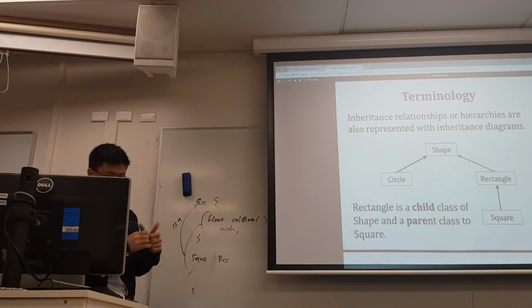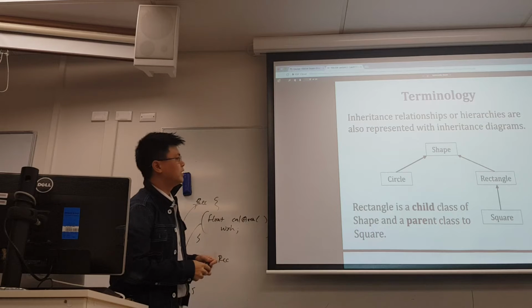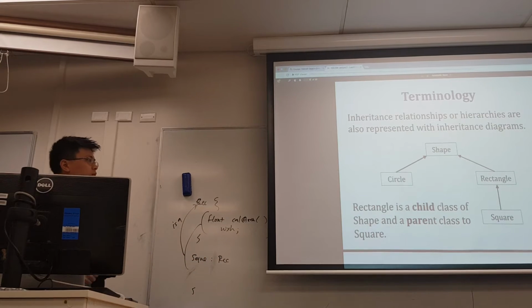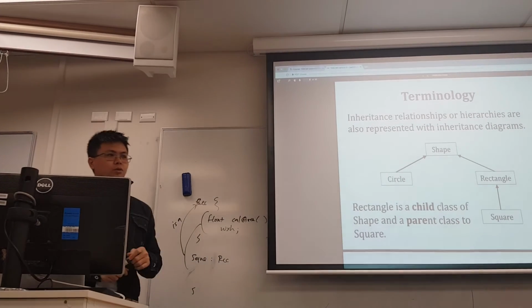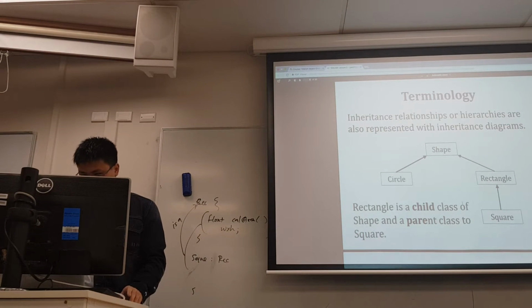We don't have to redeclare it. So a class can be both a base class and a derived class. In this case, rectangle is both base and derived. It is a derived class of shape and a base class of square.